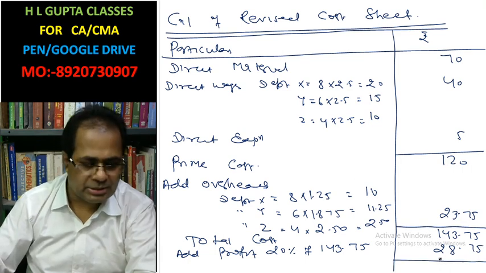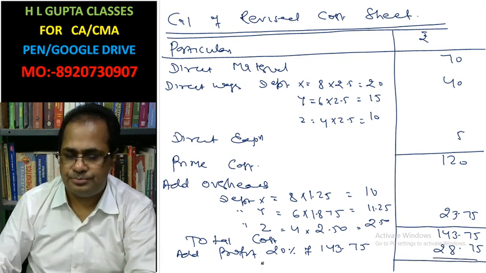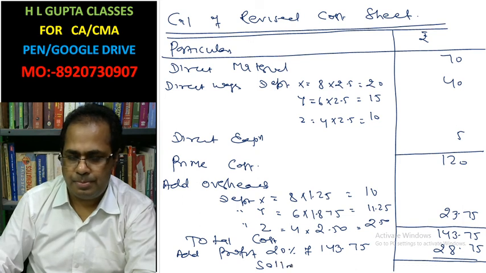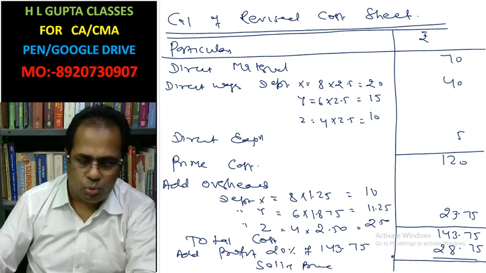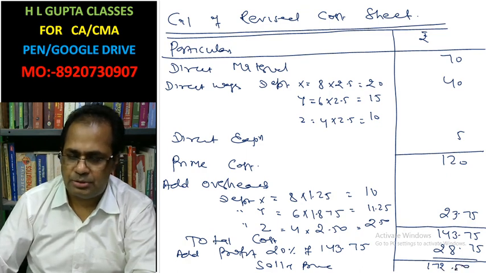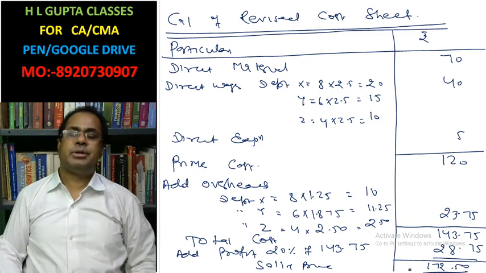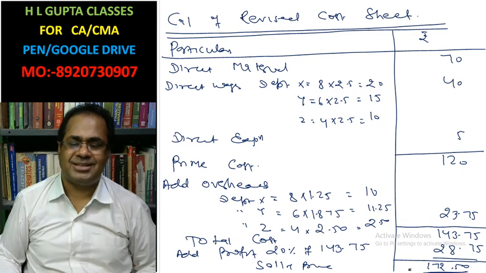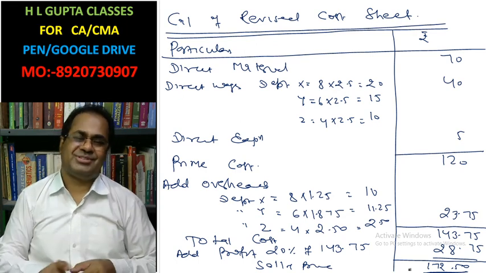Now you can determine the selling price: 172.50 is the selling price. So this is the way of calculating these questions.